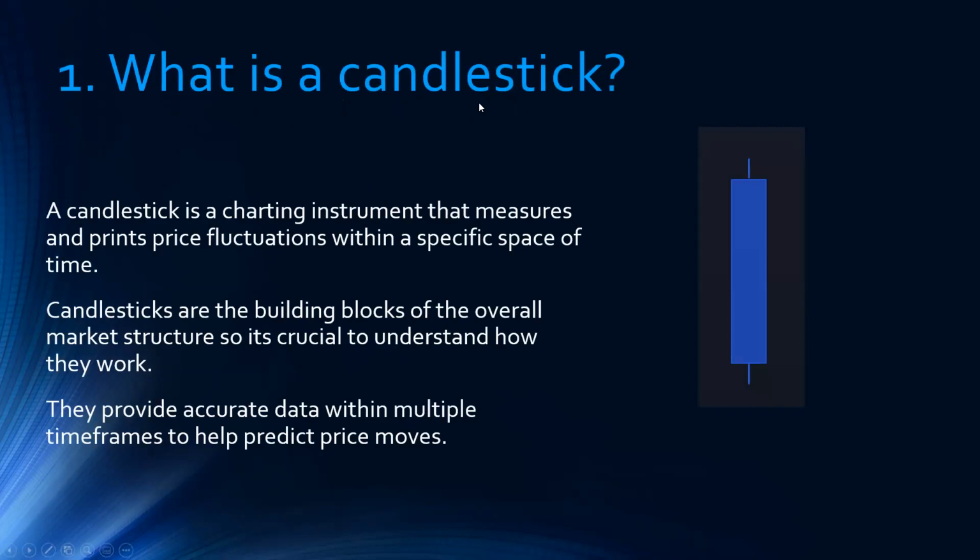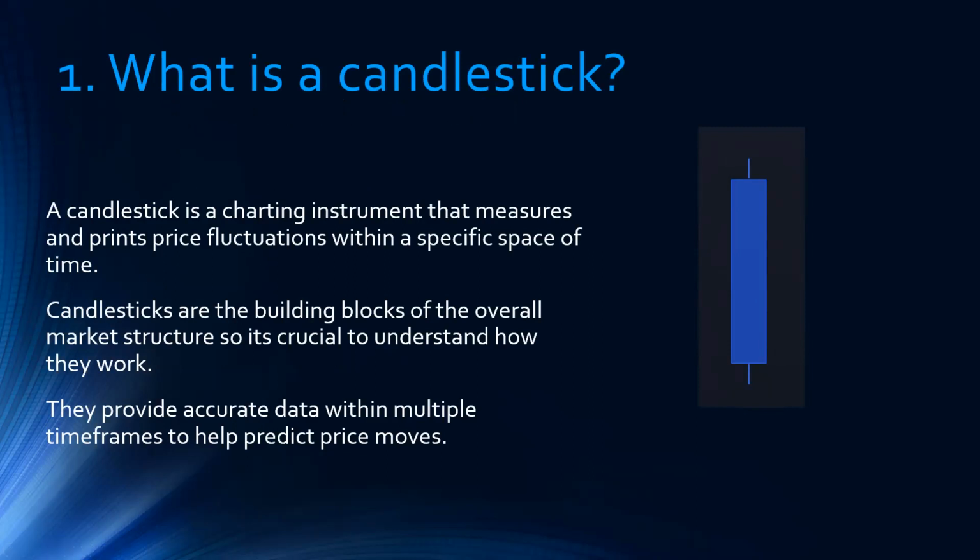Basically, a candlestick is a charting instrument that measures and prints price fluctuations within a specific space of time. There are other tools available for traders to measure price fluctuations. You've got bar charts, line charts, Renko charts.